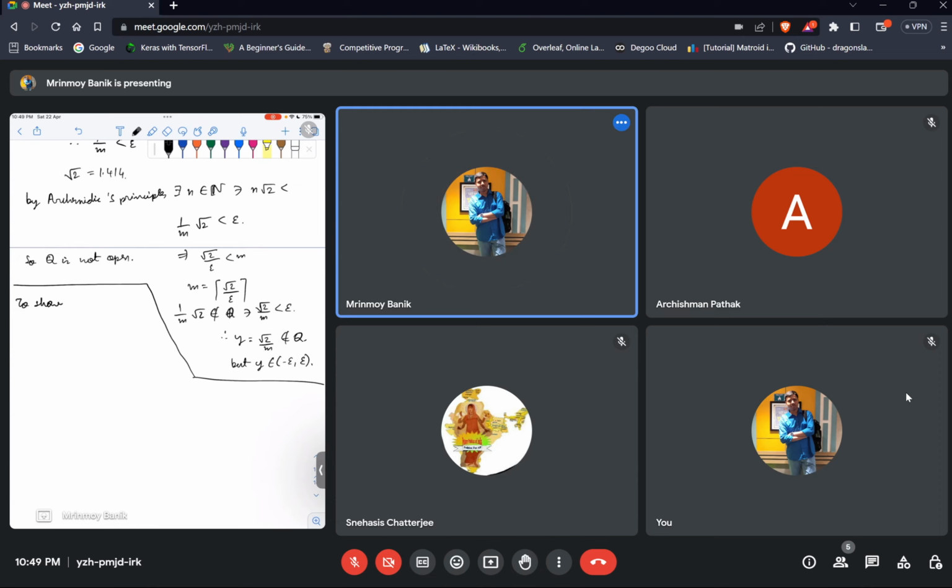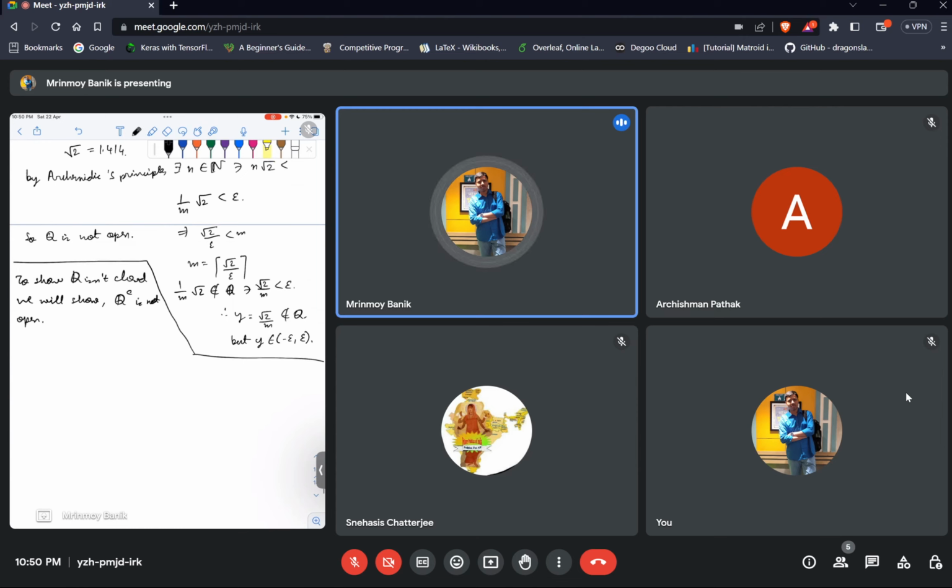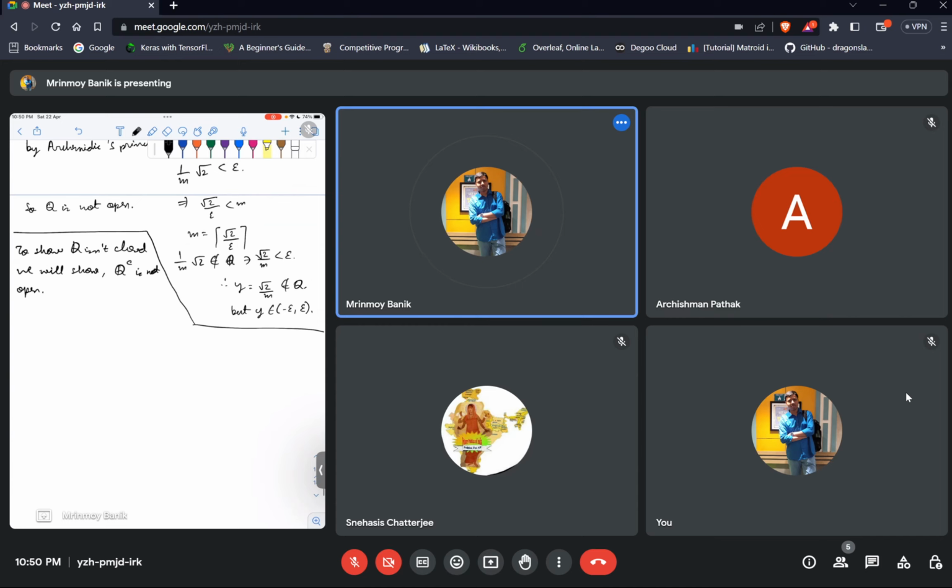To show Q isn't closed, we will show the complement of Q is not open, since it's easier to show things are open or not open as compared to closed and not closed. And mind you, these are not mutually exhaustive criteria. So something that is not open doesn't mean it's closed. Something that is not closed doesn't mean it has to be open.